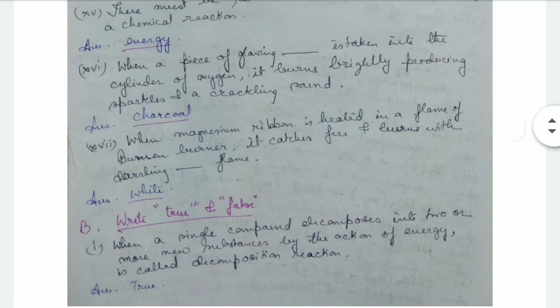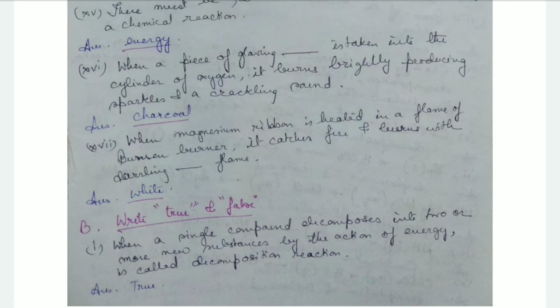When magnesium ribbon is heated in the flame, it catches fire and burns with a dazzling white flame. It forms magnesium oxide. That's why it is forming this white flame.